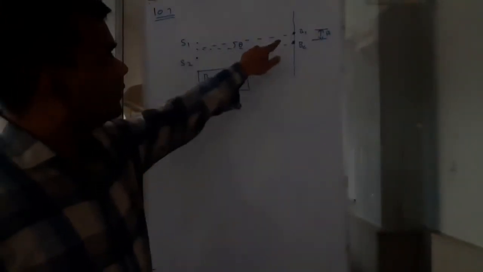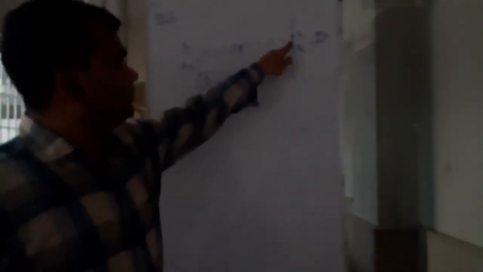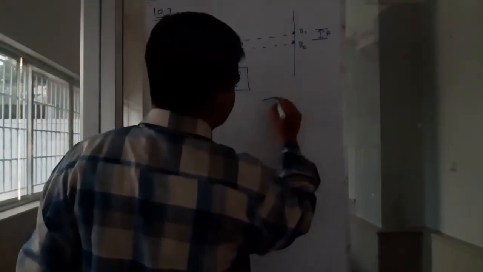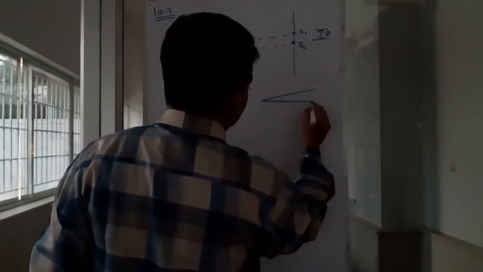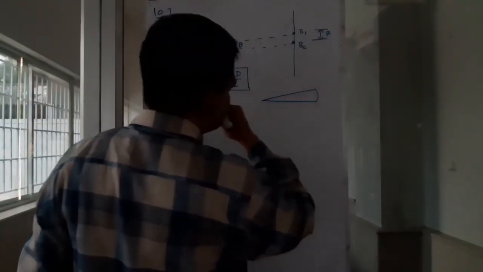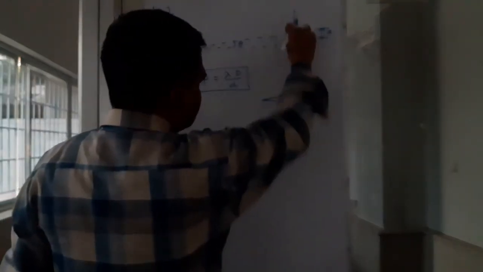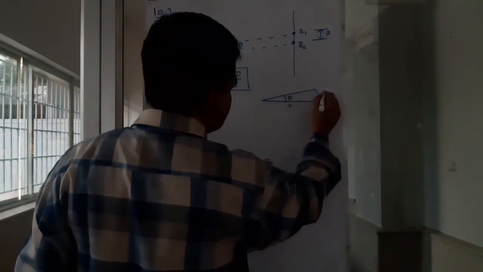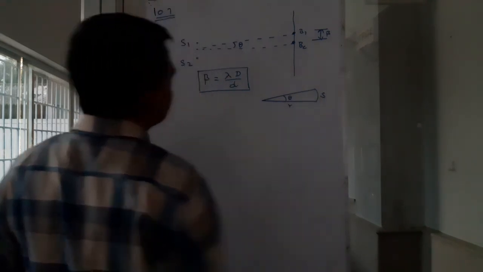Look at it like an arc length. You have r, and if you have theta, then what is s? s is r into theta, with theta in radians.